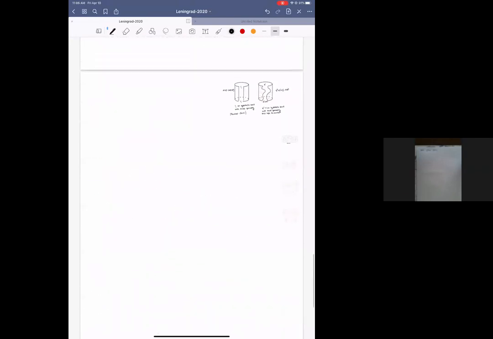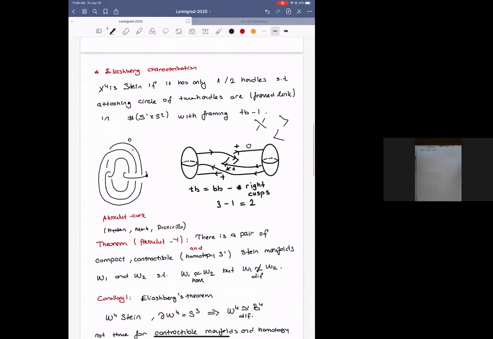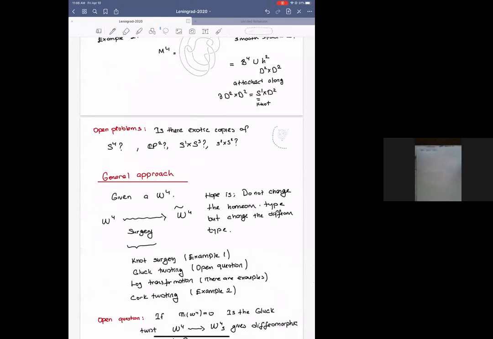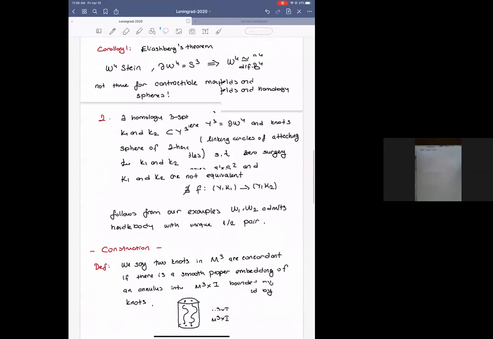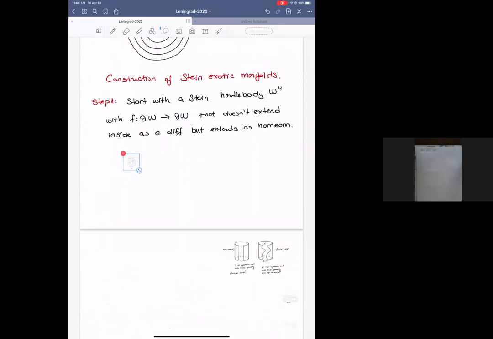In particular, there is my fork. So that is to say, you can really start with this fork. It satisfies the properties, and the F here represents the boundary diffeomorphism, which doesn't extend inside.